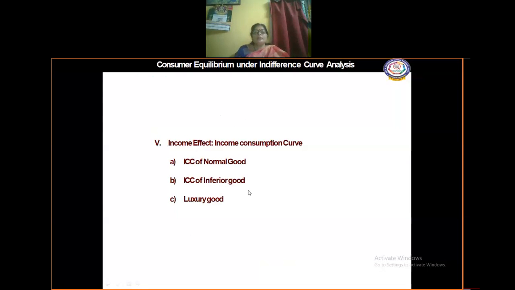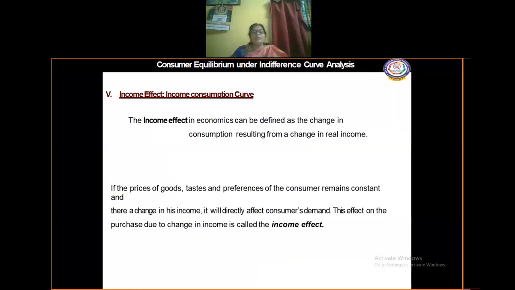So the income effect is seen with the normal good, inferior good and luxury good. So when the income changes, how the preference of a consumer changes, it's followed up. You can see that the inferior good is first purchased by low income, and why this happens is the income effect that has been defined, that is the change of consumption due to change in real income.